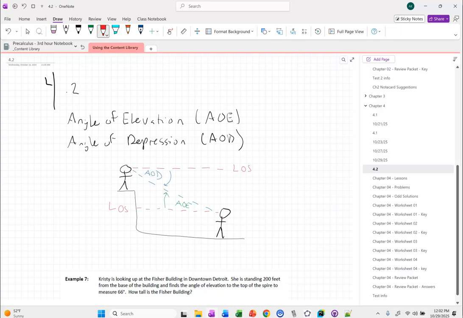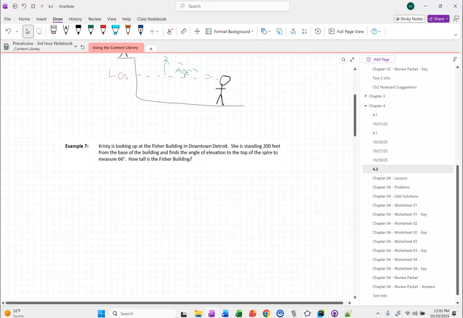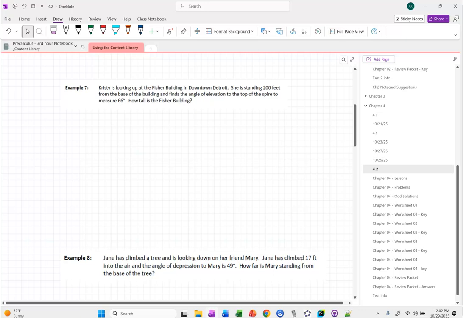Your key first step in any of these problems is to draw a decent picture to represent the situation. So let's run through some examples.